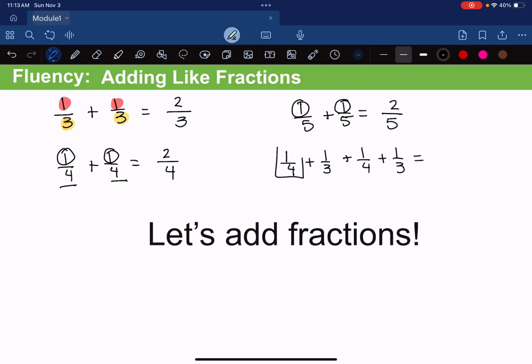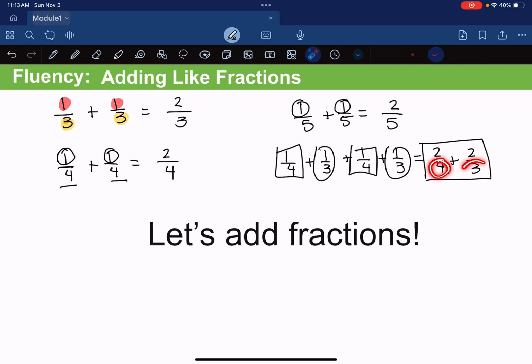I need to take the ones with the like denominators. So 1/4 plus 1/4 will be 2/4. And then 1/3 plus 1/3 will be 2/3. I cannot add these together because my denominators are not the same at the moment, and that is what we are going to go into today. But we are going to be using modeling, so be prepared for that.